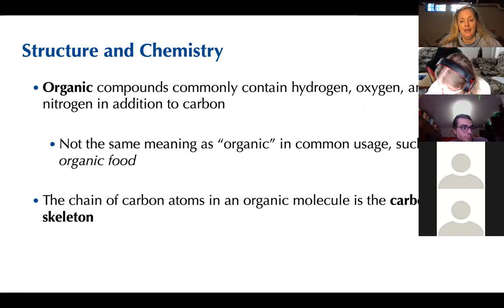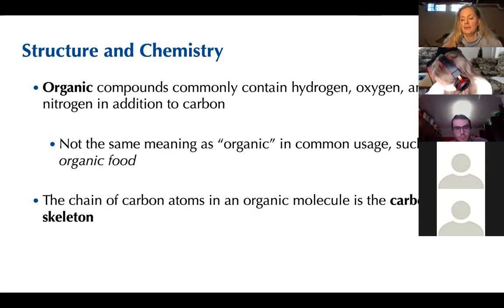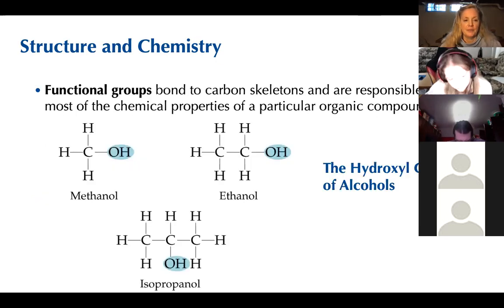It's not the same meaning, of course, as organic that we use in parlance for talking about organic food, or buying organic, your organic shampoo or whatever like that. That's usually meaning natural and without preservatives and such. All right, so we're referring to organic chemistry as the chemistry surrounding a carbon skeleton.